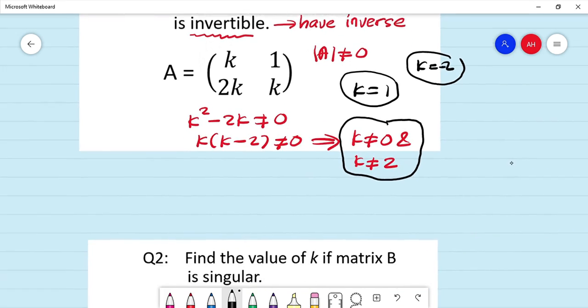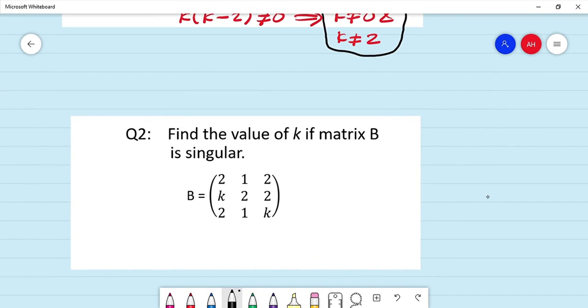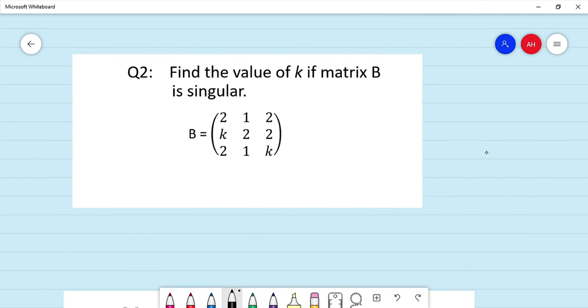Now, for question number 2, this time we want to find the value of k if matrix B is singular. Oh yes, now this time we are given a 3 by 3 matrix, having 3 rows and 3 columns. And it is mentioned here that matrix B is singular, meaning no inverse.